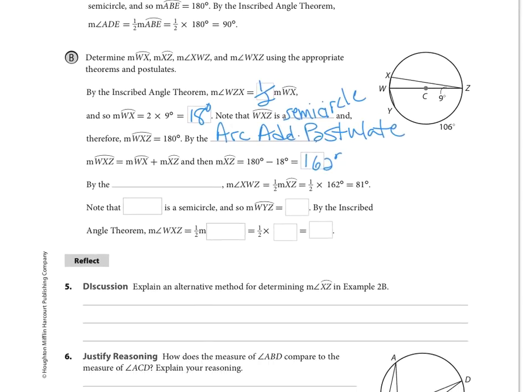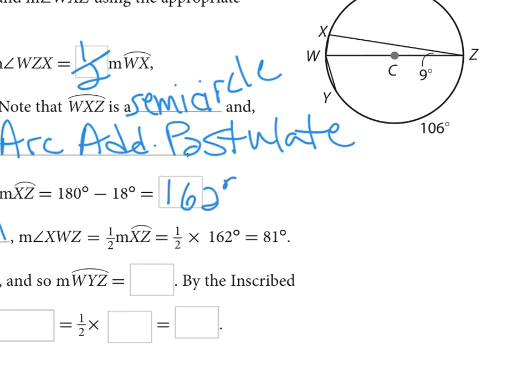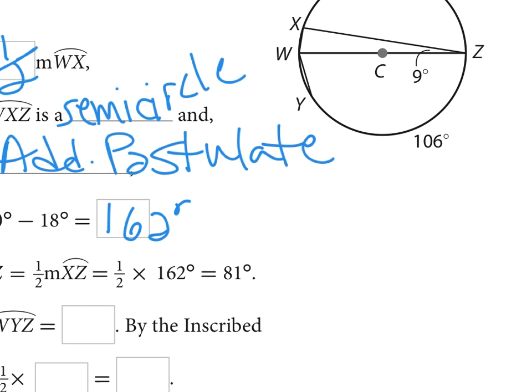Then, as we're looking at the inscribed angle theorem next, we know the angle that's inscribed off of the arc of 162. Notice, it's hard to see, so I'm going to zoom in on this diagram real quick. But do you see how this side right here is so close to the circle?